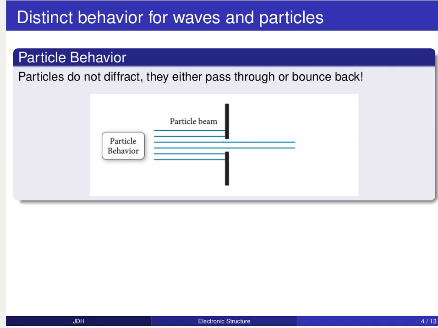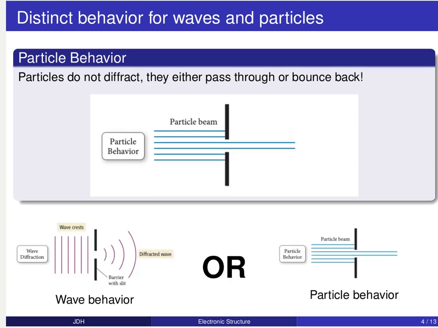But suffice it to say, you're not going to see this bending occurring. We see everything traveling in a straight line in the case of particles. So this is the first distinction we want to make here. This diffraction pattern is very much characteristic of wave-like behavior, and particle behavior is what we'd observe if there's no bending.